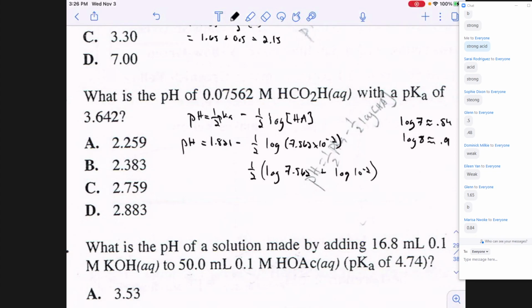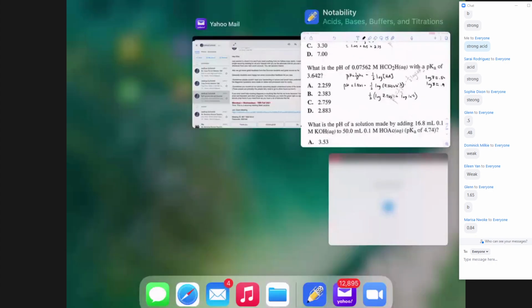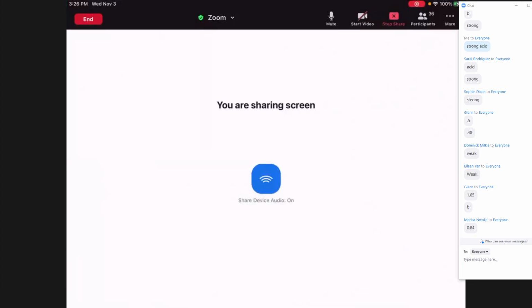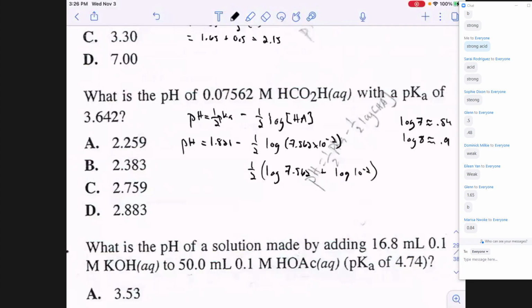It's going to be 0.9. Okay. This is going to be -2. So we are somewhere in between 0.84 and 0.9, about 7.5. Let's make it 0.87 for simplicity purposes.